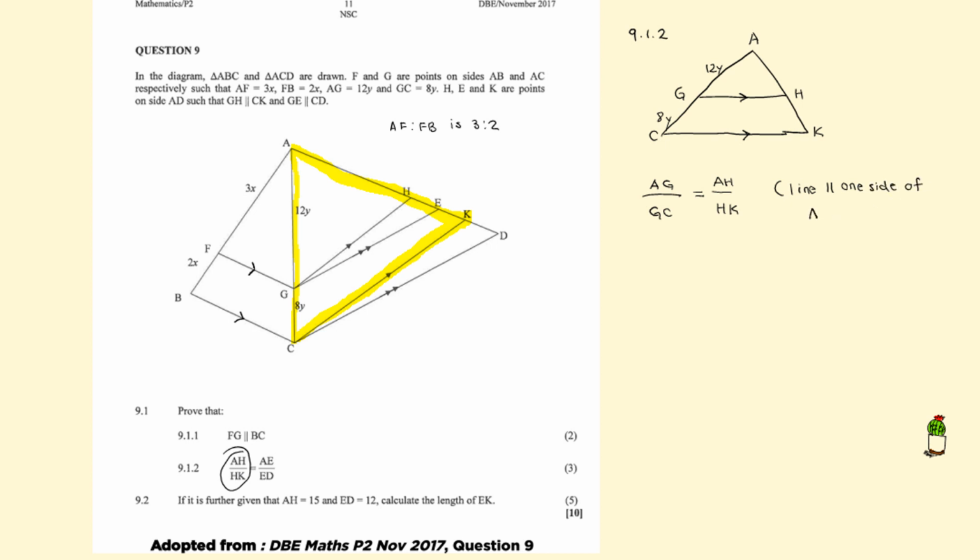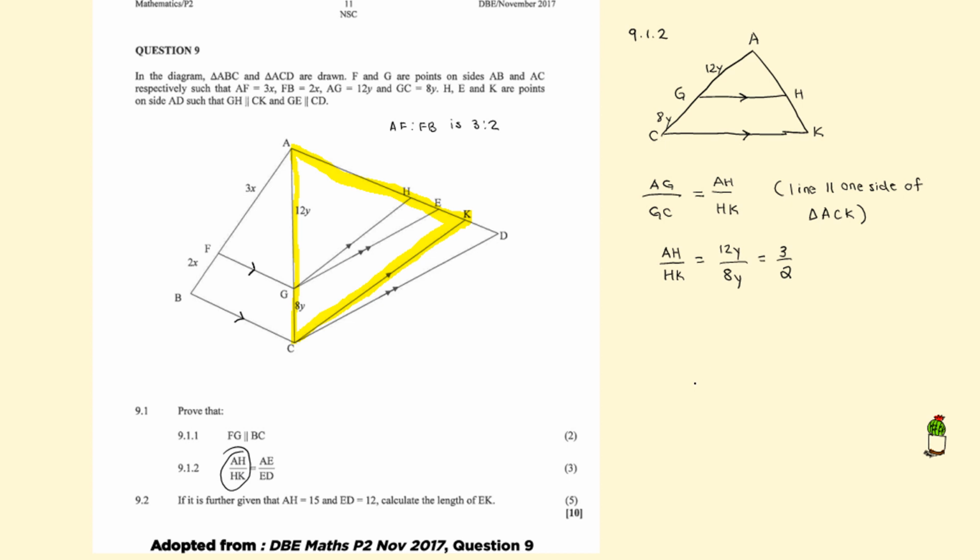I'm going to be extra and name it ACK. Now, we want this ratio AH to HK. We have this, so that is 12y over 8y. We've already seen from the previous question this is 3 over 2.